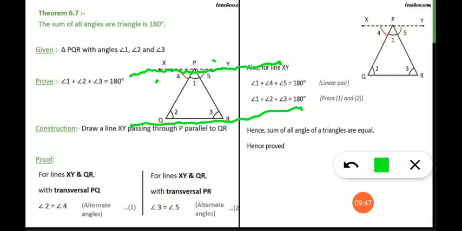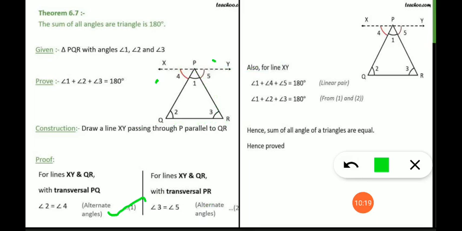Similarly, if we consider the same two lines XY and QR and the transversal as PR, this line is the transversal. So what are the two interior angles we will get? Yes, 5 and 3. So angle 3 and angle 5 are also equal. Okay, very good. So that is also known to us.